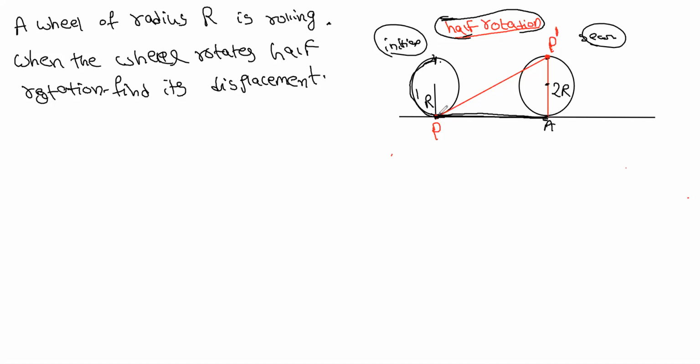The circumference is 2 pi r, the total circumference, so half of it becomes pi r. The distance covered in half a rotation is the distance of half a circle, that is pi r.